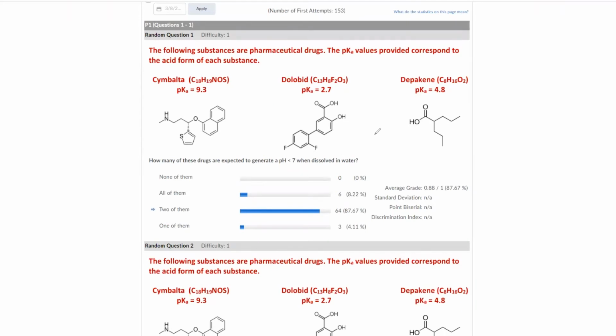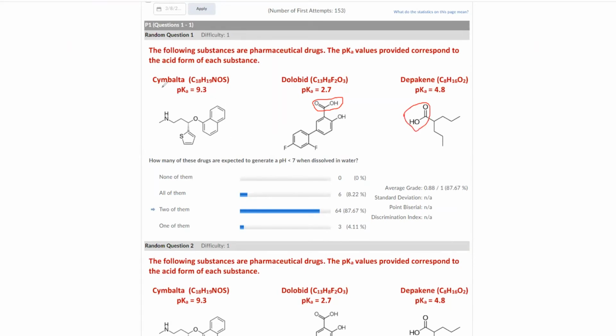When it comes to acids, the acidic groups are carboxylic acids. Those are weak acids, and we talked about how HCl, HNO3, H2SO4 can be strong acids, but in this case, we only have carboxylic acid groups here. You can see both Dolobid and Depakine have this carboxylic acid group, making them acidic.